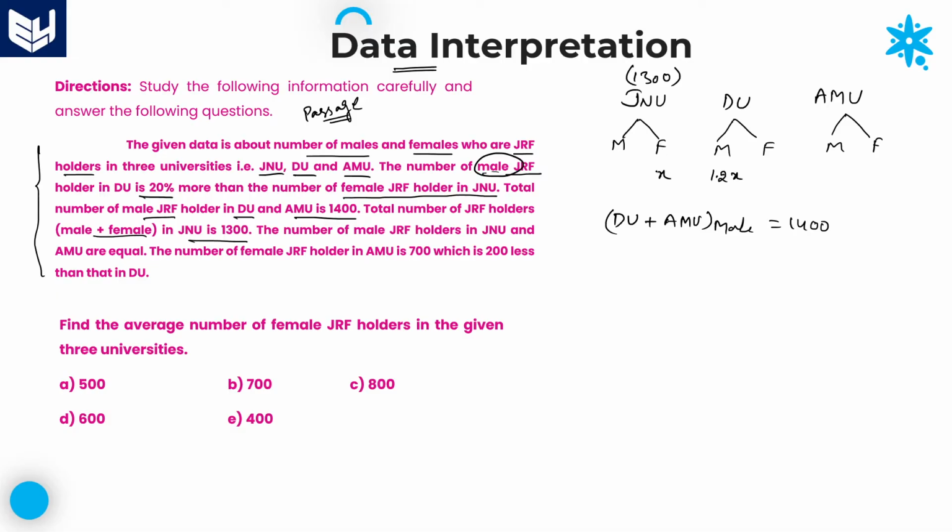As females which we have taken is x, automatically male becomes 1300 minus x. Why? Because the number of male candidates is nothing but total minus female candidates.